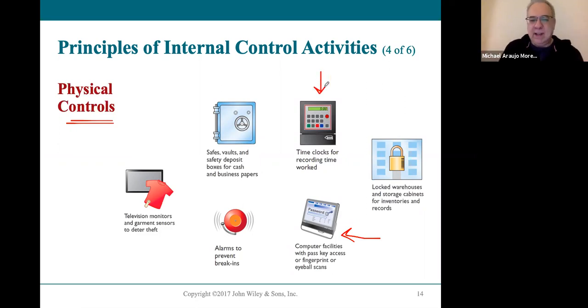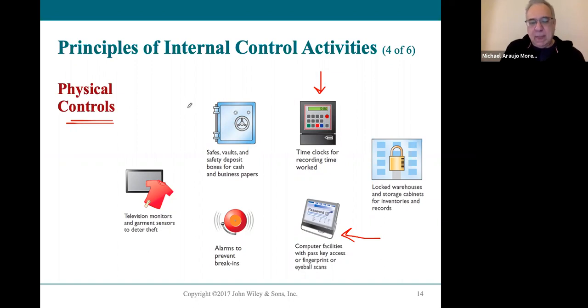One of the things that time clocks help is to stop employees from stealing time, right? Because when they steal hours, they steal money, and that's also considered fraud under the definition here.